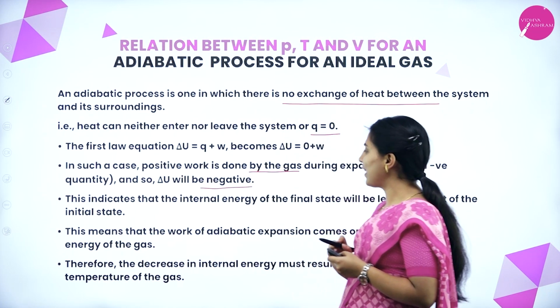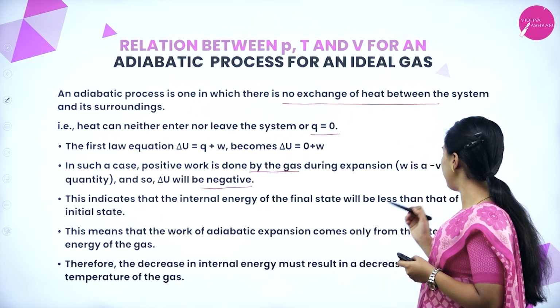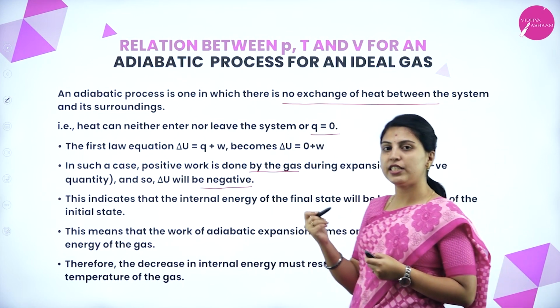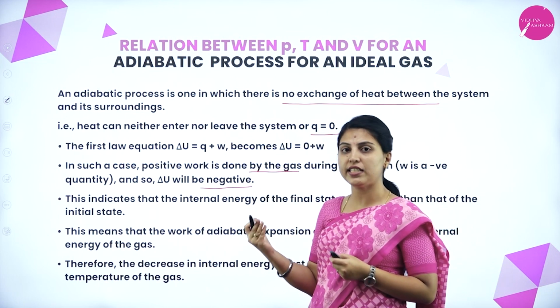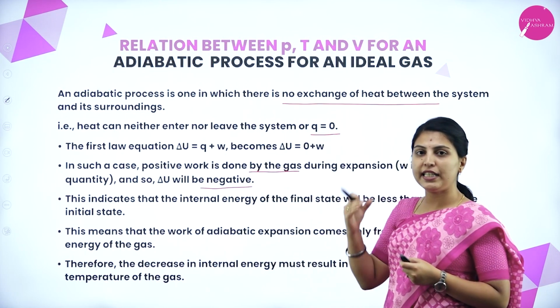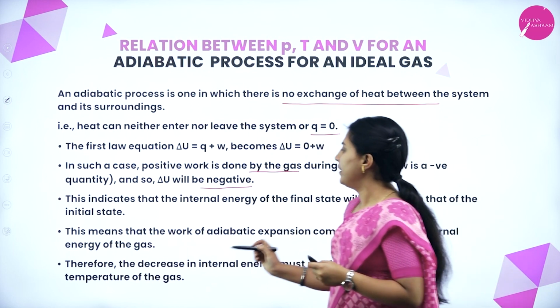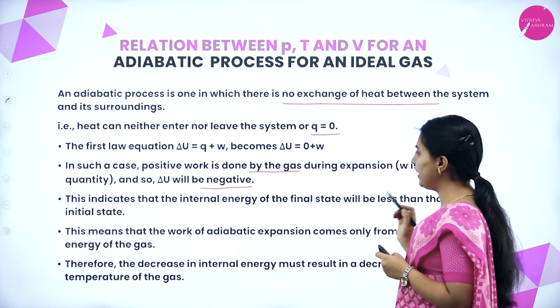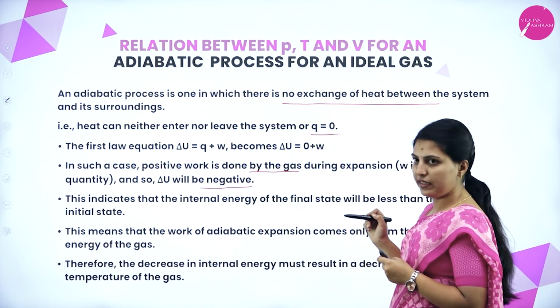This indicates that the internal energy of the final state will be less than that of the initial state. This means that the work of adiabatic expansion comes only from the internal energy of the gas.